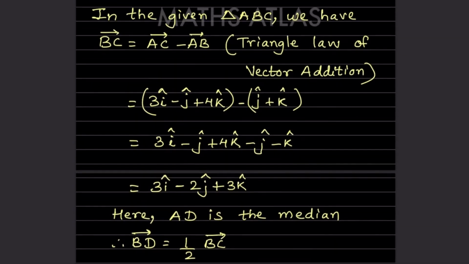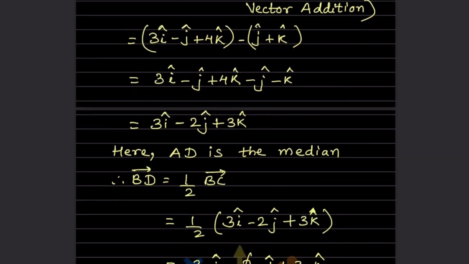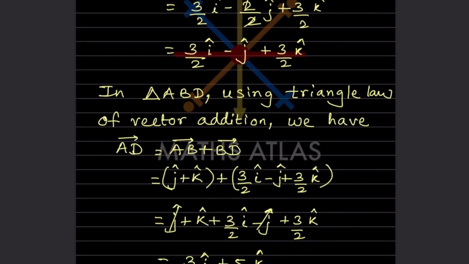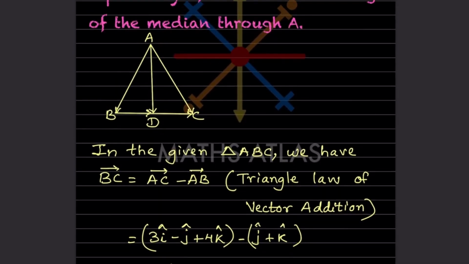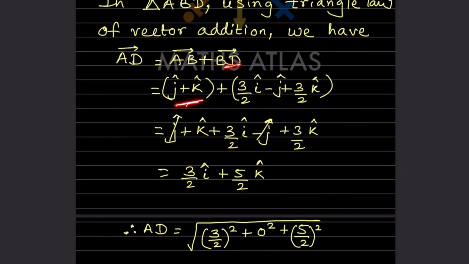Now what they asked is the length of the median to A. So we want the length of AD. Now in triangle ABD, using triangle law of vector addition, AD is AB plus BD. So now we know that AB is this j plus k and BD is this one.